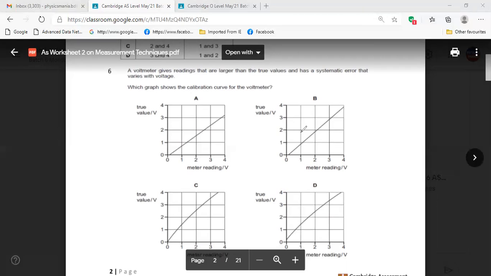So every time we are getting a constant systematic error. But they are saying systematic error that varies with voltage. In A we see that our systematic error is changing. Look, everywhere the systematic error is changing, varying.